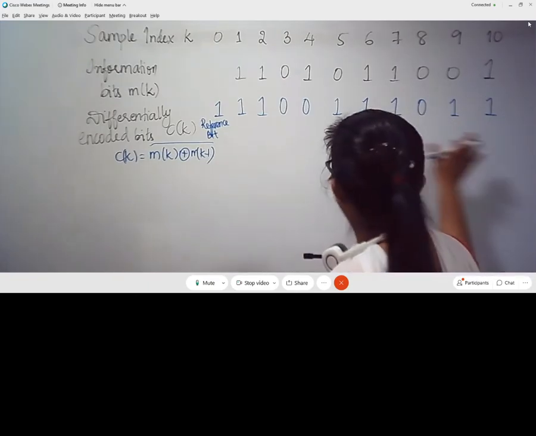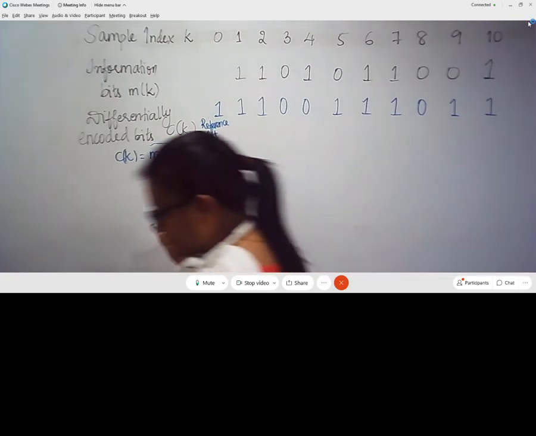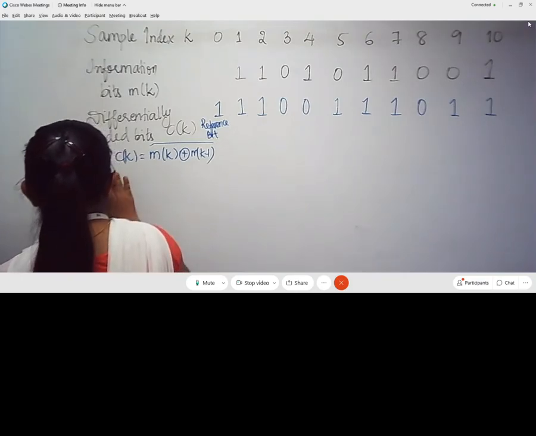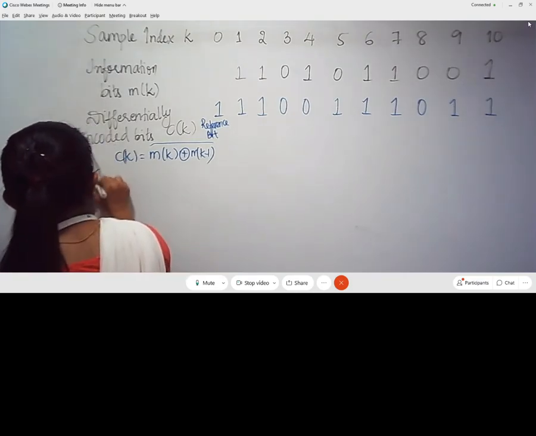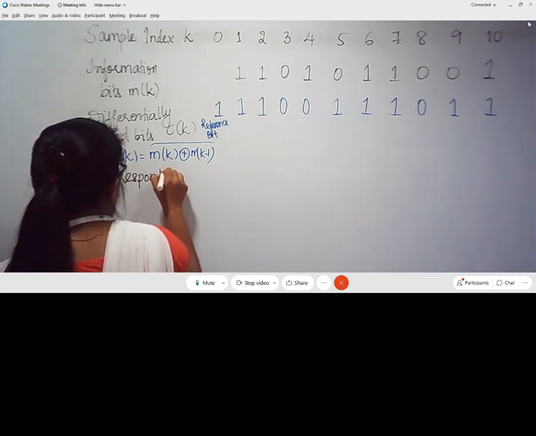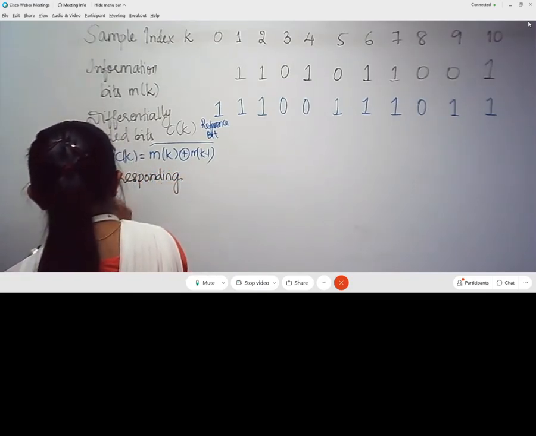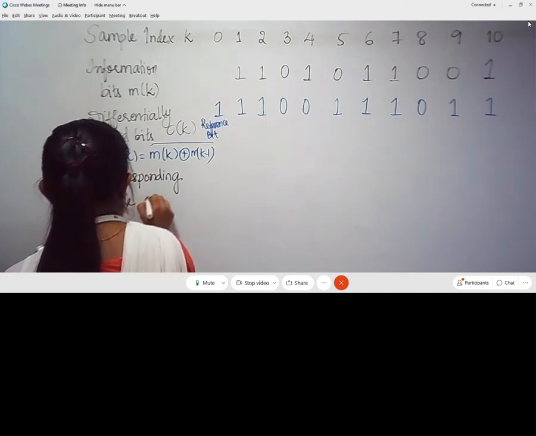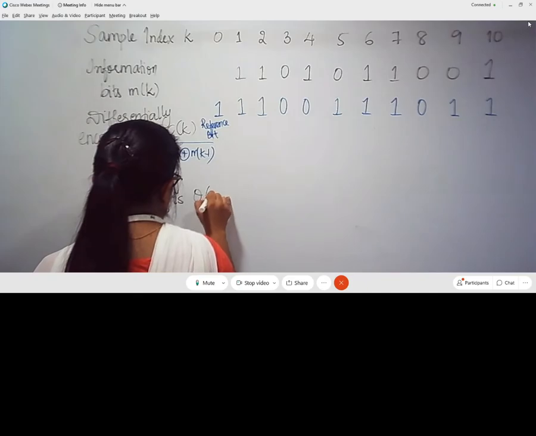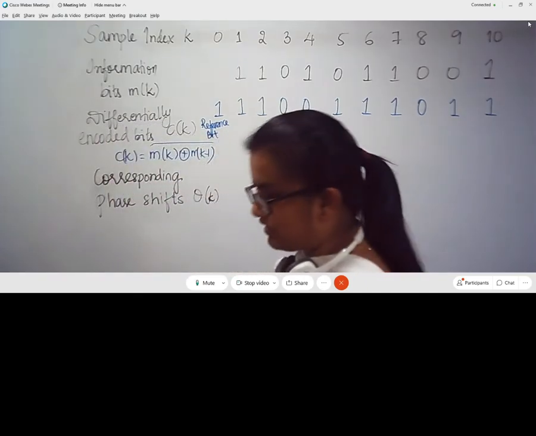Once I encode it like this, I am going to assign the corresponding phase shifts using PSK. Corresponding phase shift means I am going to assign the theta values, which I represent with theta k.